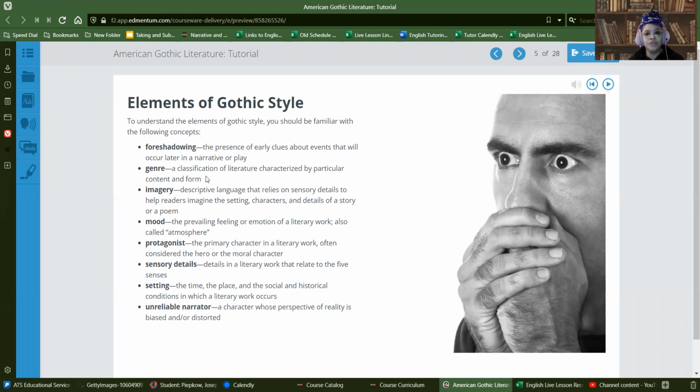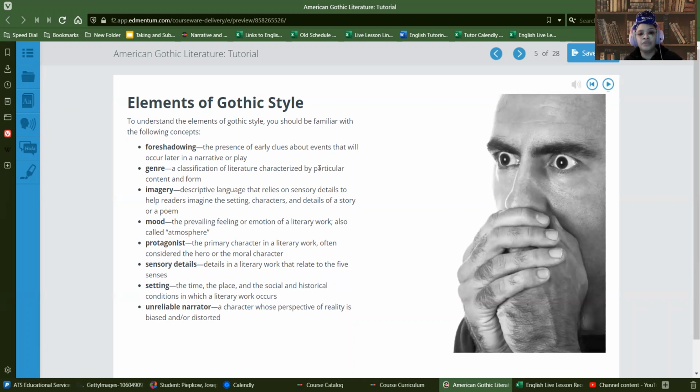When you think of a horror movie versus an action movie, you know what you're generally going to get and expect. That's the characterized by particular content and form. There's a set of rules that these types of movies tend to follow, and it's the same thing for books.